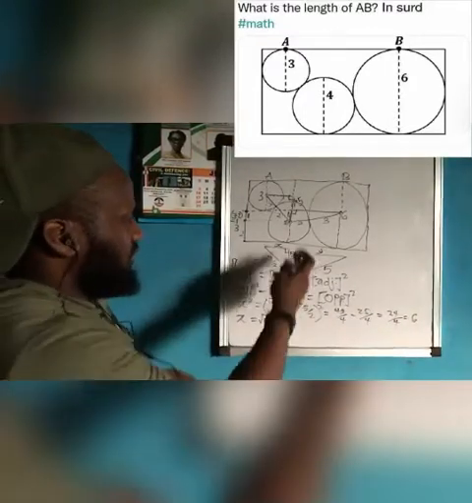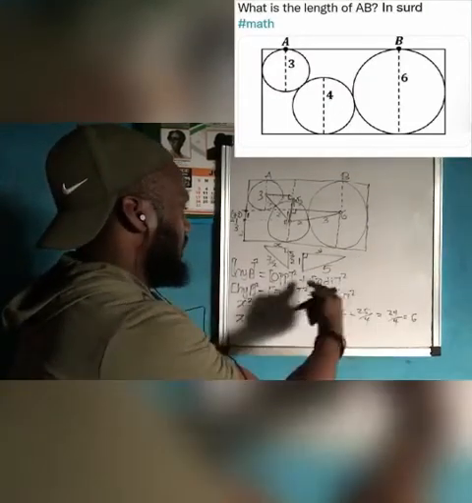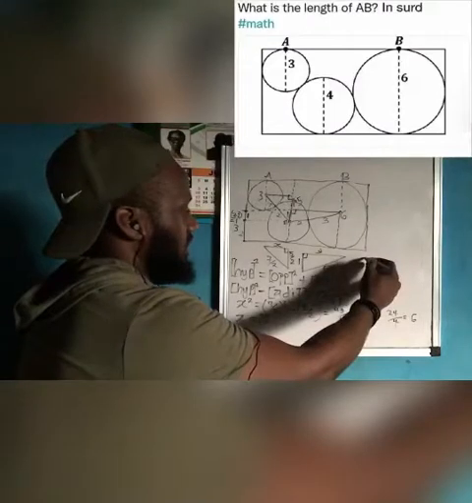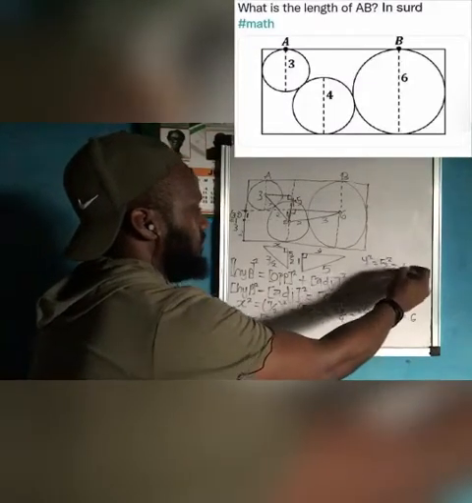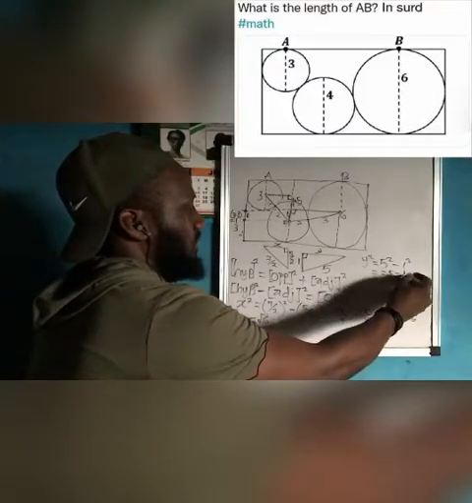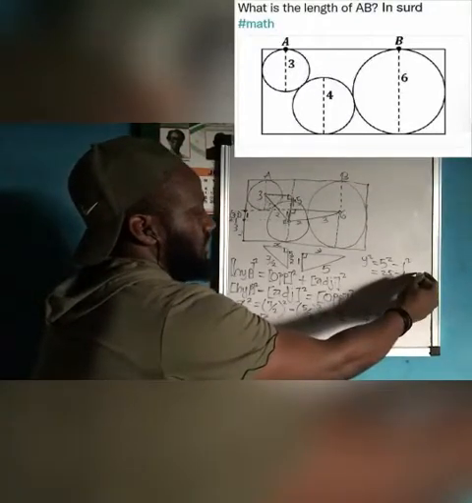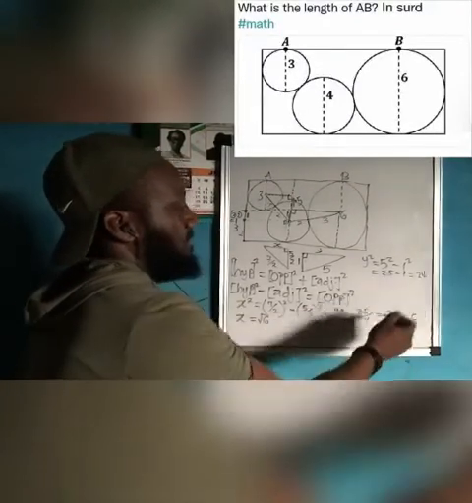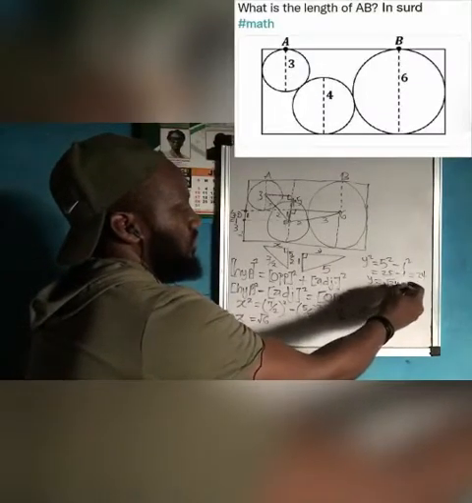Then we'll do the same for the other one. Let's do that here. The other one has y squared equal to 5 squared minus 1 squared, and that will be 25 minus 1, which will give us 24. So y would then be equal to square root of 24.